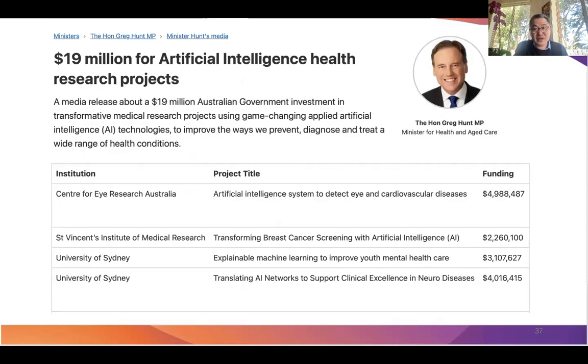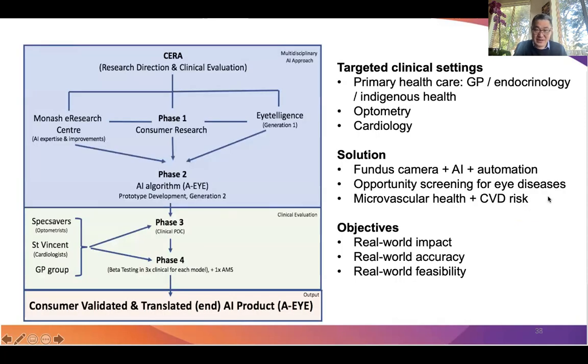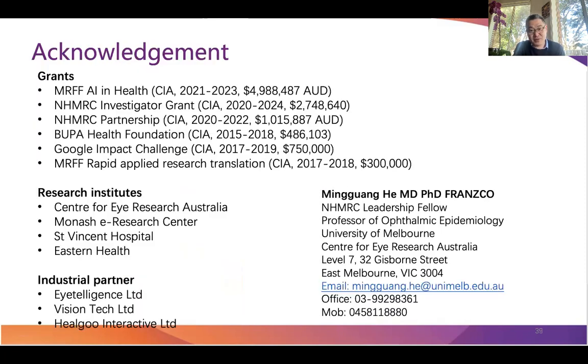And then we received a couple of grants from the Australian federal government, for example this one, artificial intelligence to detect eye and cardiovascular disease. The idea is to develop this as a solution and translate this into community benefit and product.